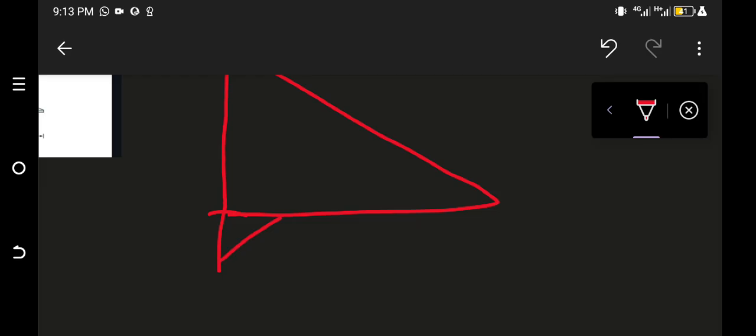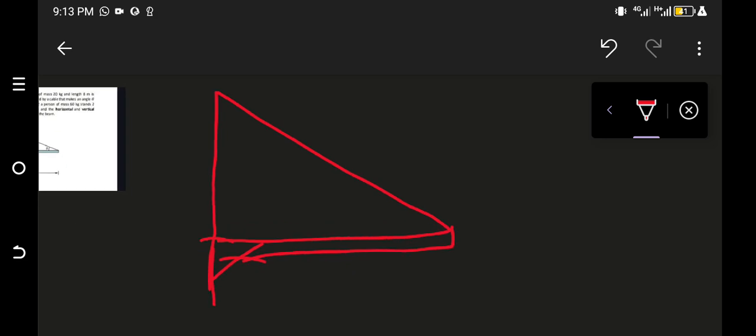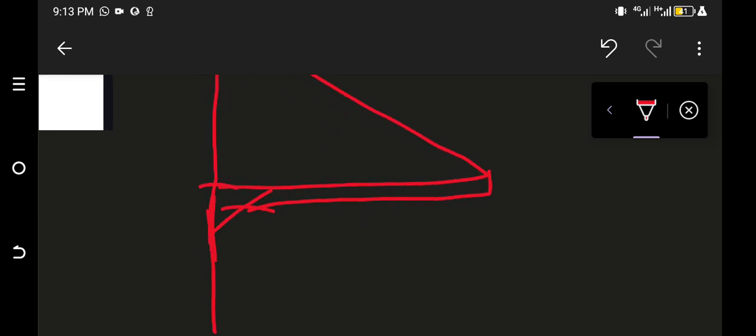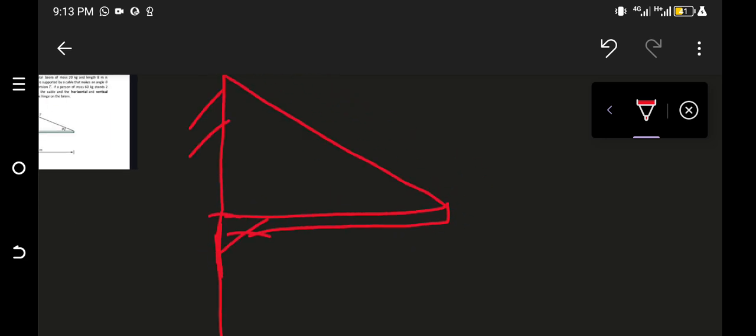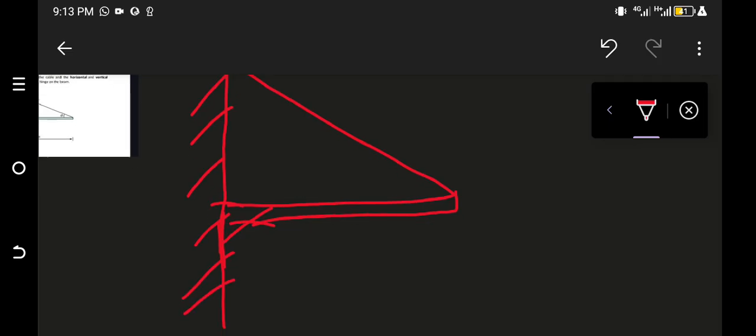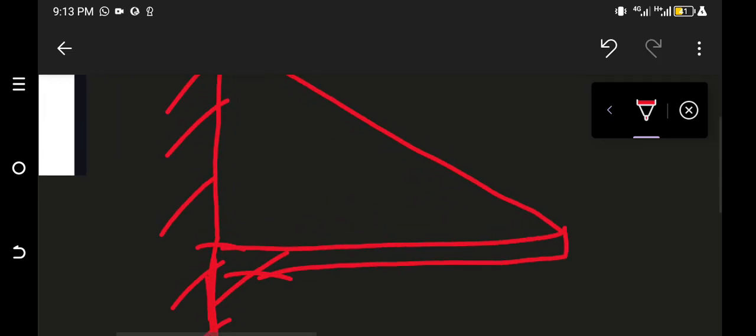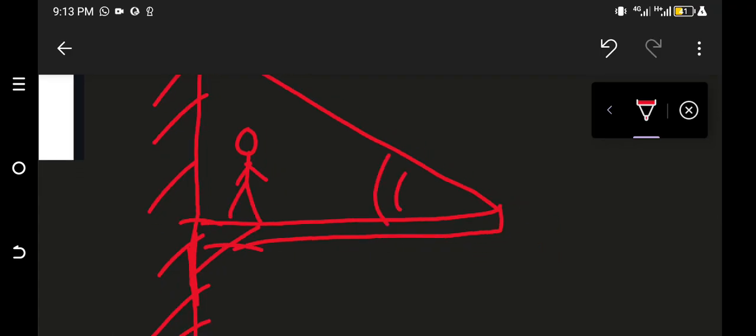The hinge is this part. This is our beam, and this is our wall. This is the person. This is our angle theta.